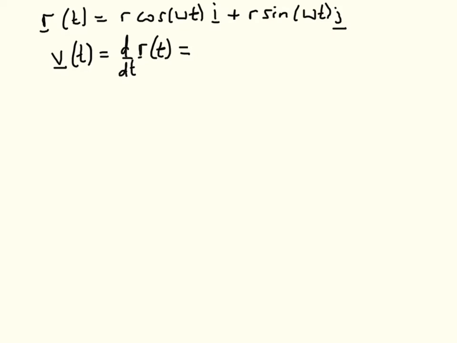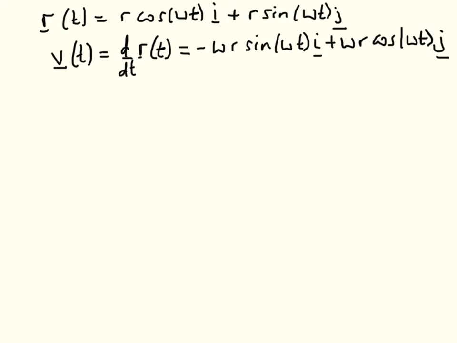So the derivative of cosine is minus sine, and we're going to pull out a factor of omega using the chain rule. So what we have is minus omega r sine omega t i, plus, and now differentiating the second term, it is omega r cos of omega t j.